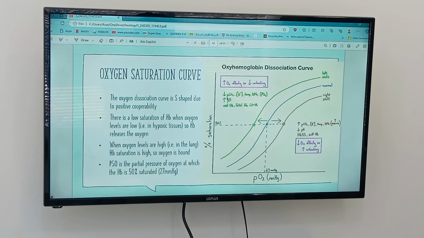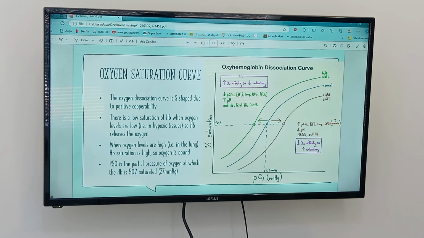So carbon dioxide, temperature, and other things affect the saturation of oxygen. When oxygen levels are high, i.e. in the lung, hemoglobin saturation is high, so oxygen will bind.